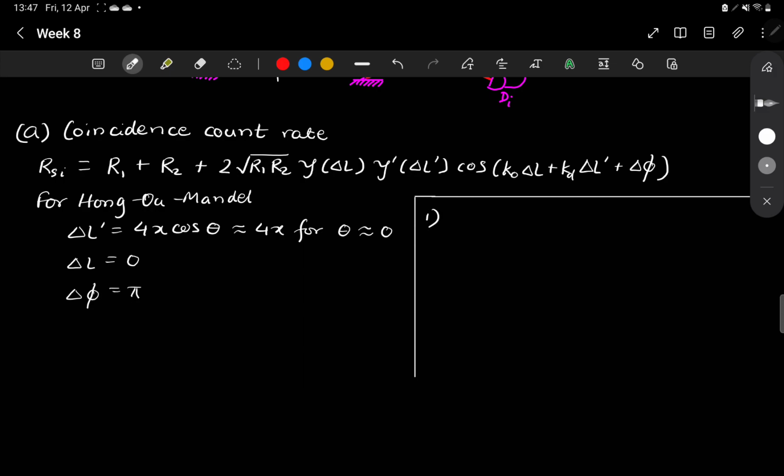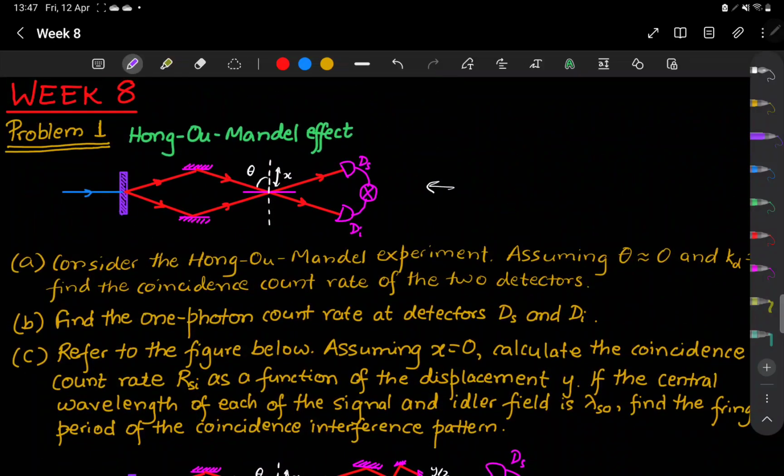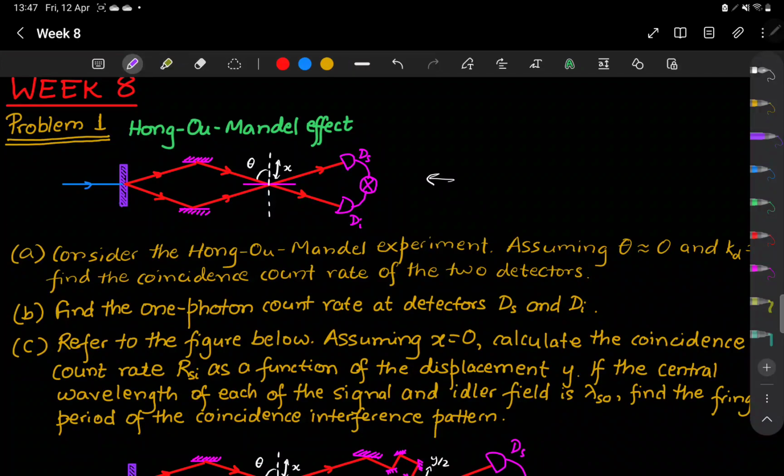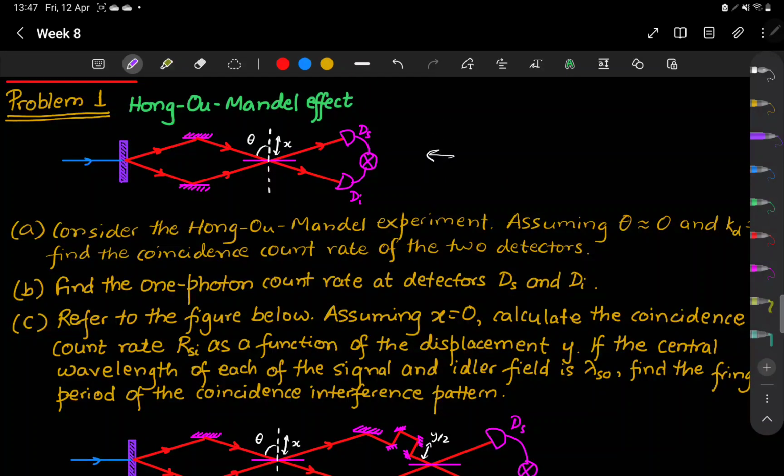So first alternative, and I'm drawing the unfolded path, is you have this pump, then the crystal, and the first alternative can be when both of the signal and idler get transmitted at the beam splitter. We want to find the coincidence count rate. Coincidence count means one photon at DS and one photon at DI. So both cannot go to one detector, that is not coincidence.